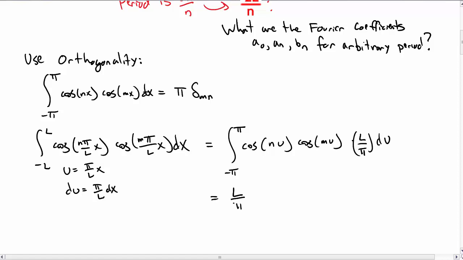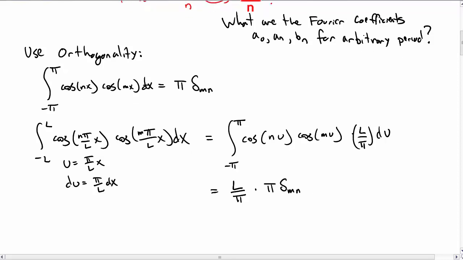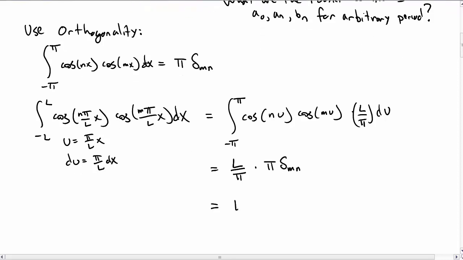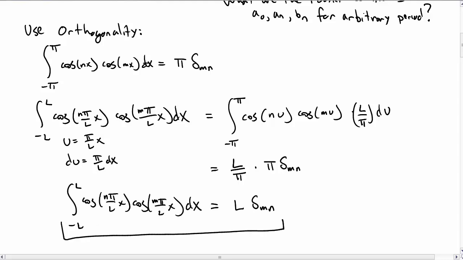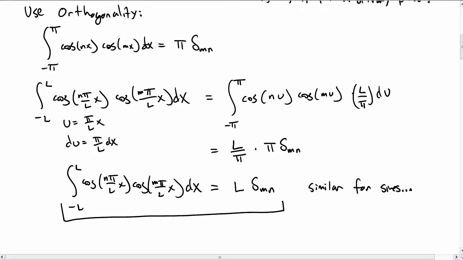Well, we can pull the L over pi out, and so then the value of the integral is just pi delta mn, the integral that we had above. Or really, the value of this integral here is just L delta mn. And so we have a new orthogonality relation for cosines with an arbitrary period. There's a similar expression that you can derive for sines, which I'll let you do on your own.